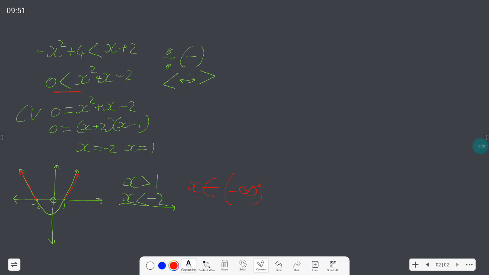It is -2. So -2, a round bracket. Reason being, if I use interval notation, if it's a block bracket, I say it's also equals to that value. If it's a round bracket, it is not equals to that value. But is that the only limitation here or parameter here?